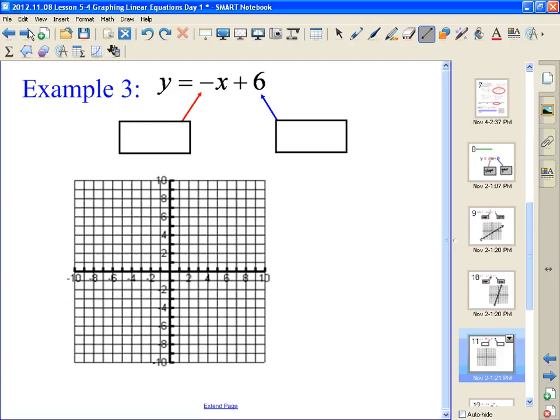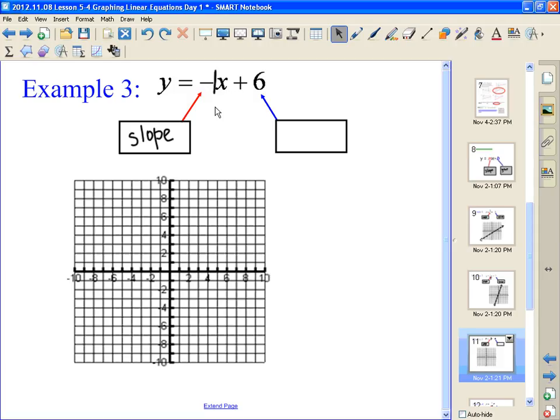Then, when I look at example 3, for this one, I don't have a coefficient at x, but if you'll remember back to the very beginning of the school year, we said that anytime x does not have a coefficient, it's really like an understood 1. So the slope in this equation is -1. And anytime your slope is not a fraction, you have to make it into a fraction over 1.